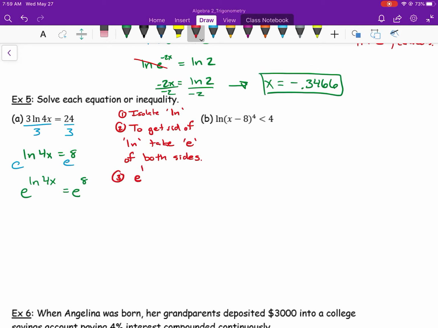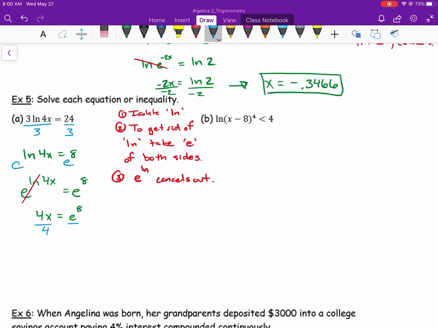Okay, so what happens is e to the natural log cancels out. So now we're left with just the exponent there. So you have 4x equals e to the 8th power.